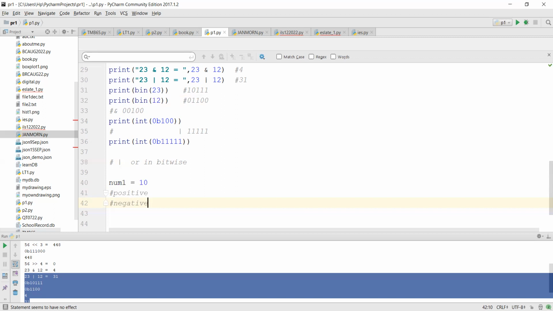So in the next class tomorrow, we'll focus on conditions, how to check a value, and depending upon the value, how you perform certain action. Make sense? Yes. So we'll stop here today.